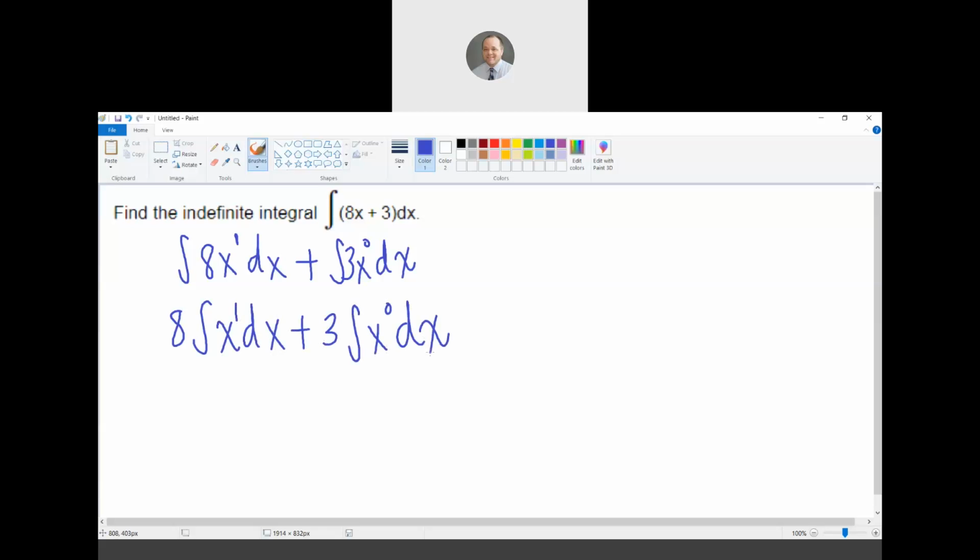Now we can use the power rule for antiderivatives, just taking the regular power rule for derivatives and working it in reverse. So instead of subtracting 1 from each original exponent, you'll be adding 1.